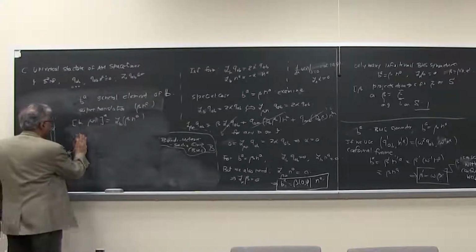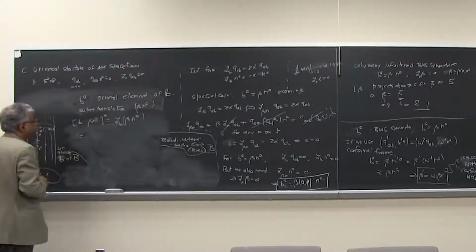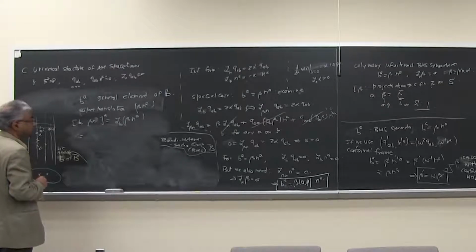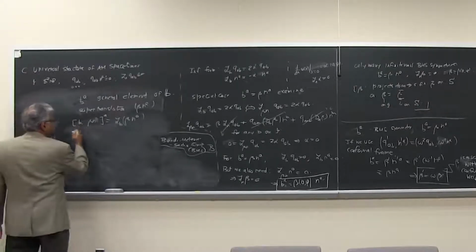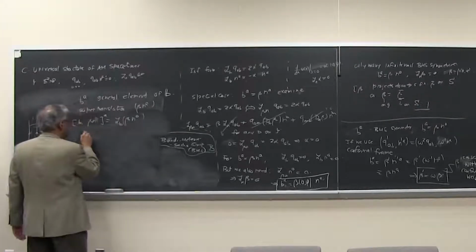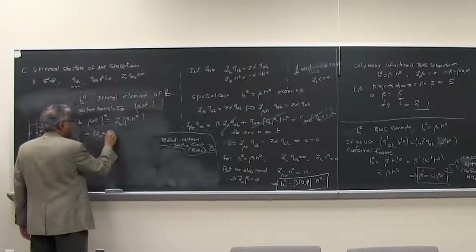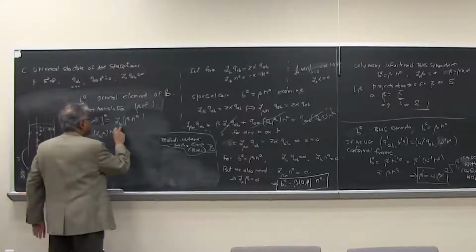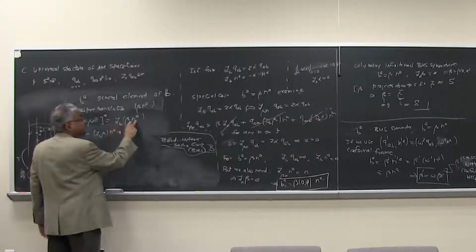Okay. So the Lie derivative of this satisfies this condition up here, and this is therefore equal to Lie B of beta times NA plus beta times Lie B of NA.